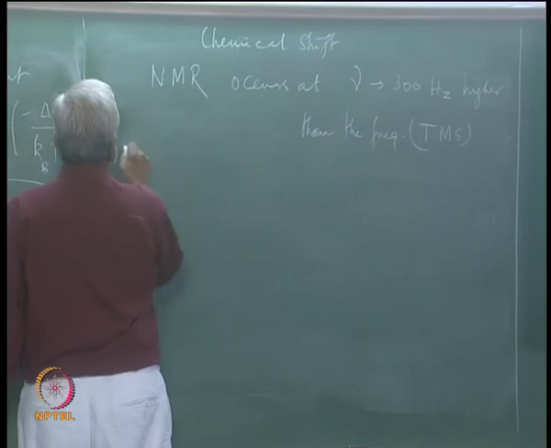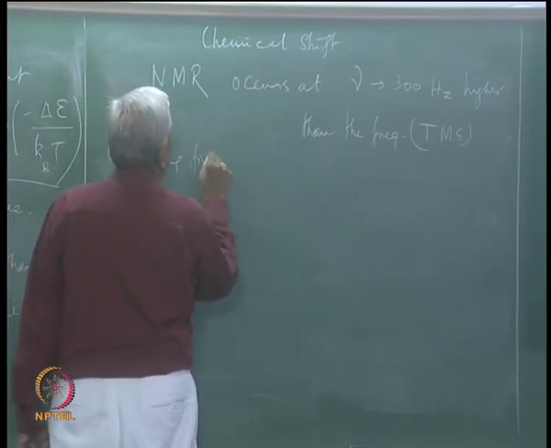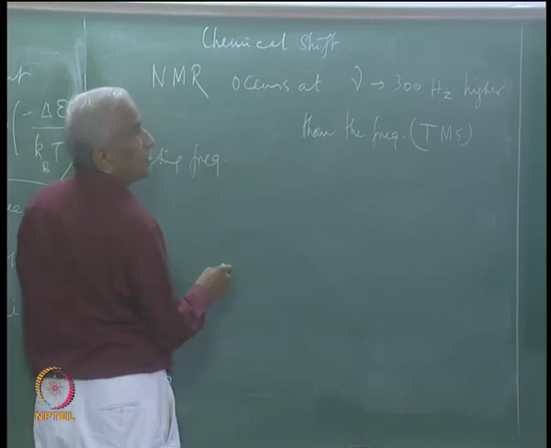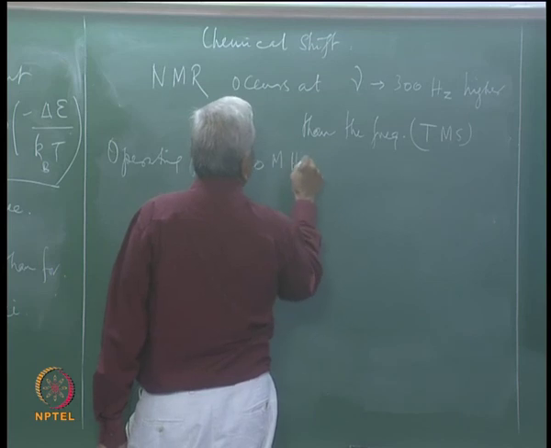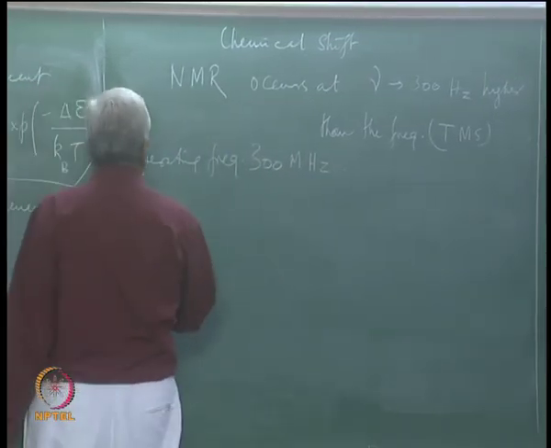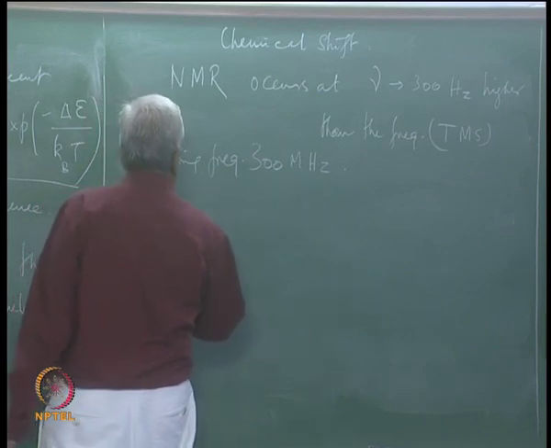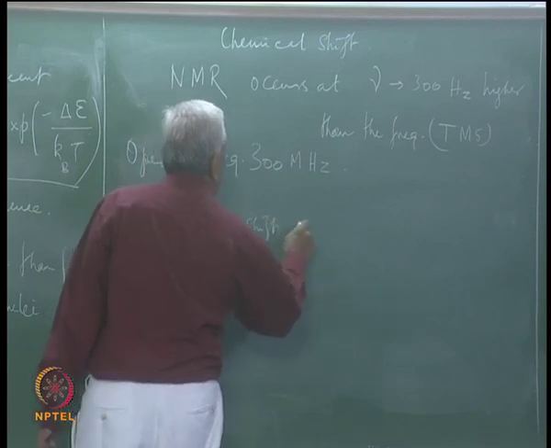The operating frequency of the NMR spectrometer is 300 megahertz. Therefore, we are asked to calculate the chemical shift, whose standard symbol is delta.